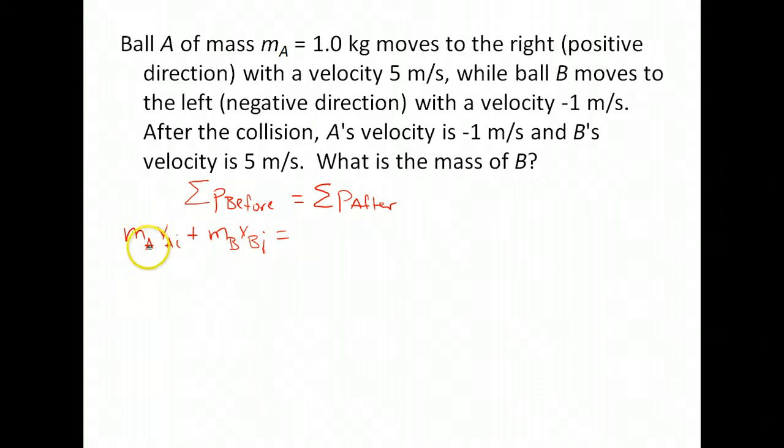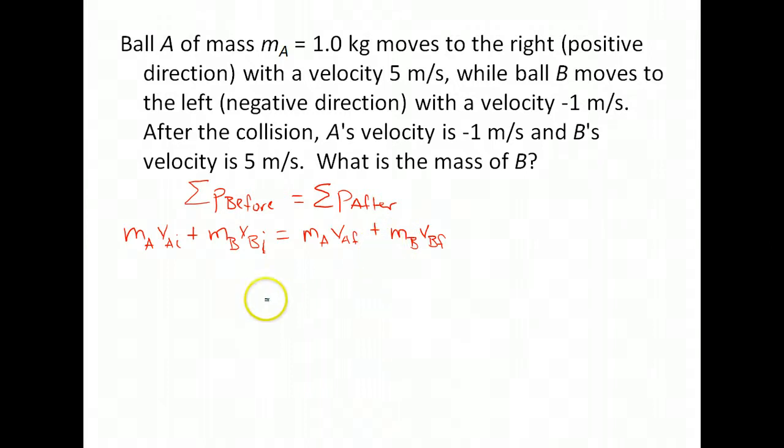In this formula, I have the mass of A times its initial velocity plus the mass of B times its initial velocity is equal to the mass of A times its final velocity plus the mass of B times its final velocity. At this point we could either rearrange the equation and solve for the mass of B, or we could start plugging in numbers.